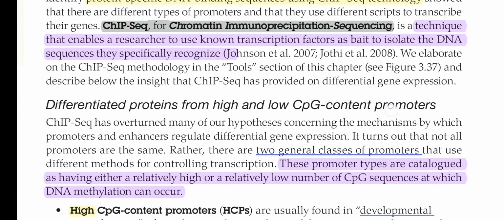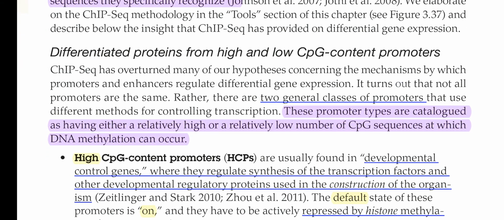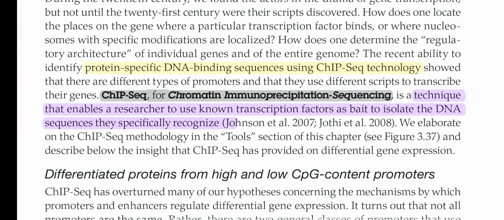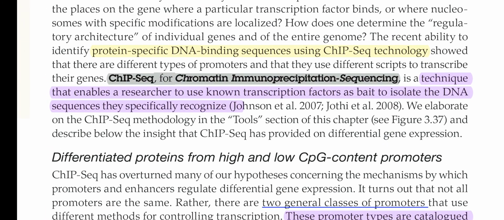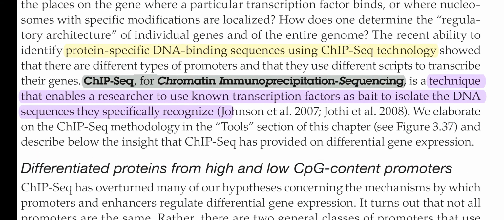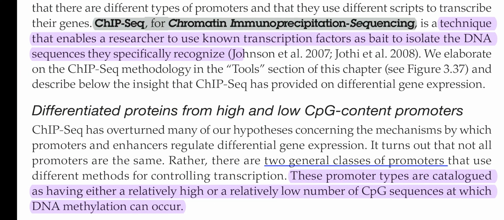This technique is very nicely written somewhere. I can find it. Yeah, here it is. The technique that enables a researcher to use the transcription factor as a bait to isolate the DNA sequence that it specifically recognizes.